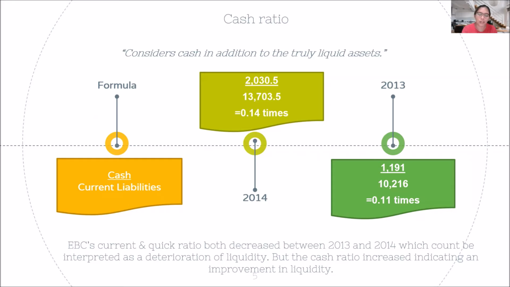Depende sa company. So ngayon, if we're going to decide now, are we still liquid? Well, actually, class, liquid pa rin naman tayo. It's just that bumaba. Kumbaga, on a percentage of liquidity natin, bumaba lang siya. Yung performance natin, bumaba yung liquidity with two ratios.